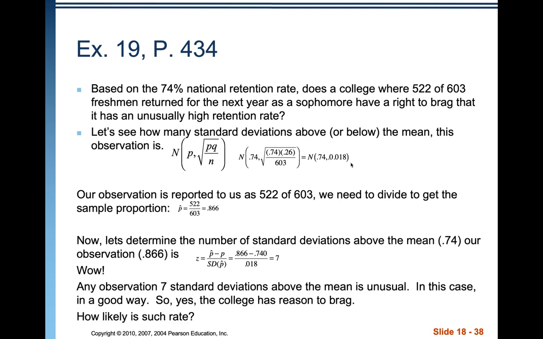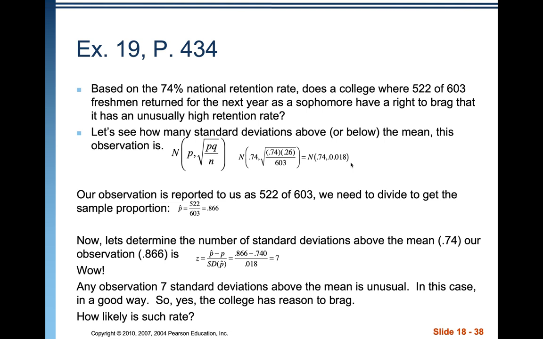So wow, any observation 7 standard deviations above the mean is unusual. In this case, in a good way. Okay, it's great to have 7 standard deviations more of your freshmen be able to come back for their sophomore year. So yes, the college has reason to brag.